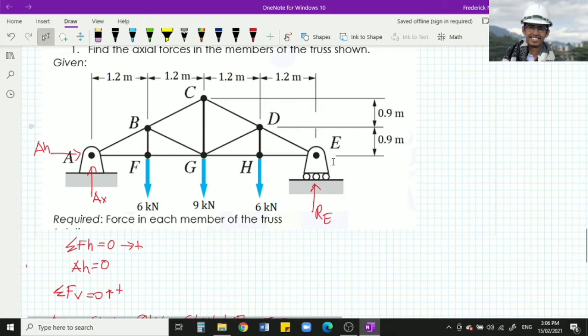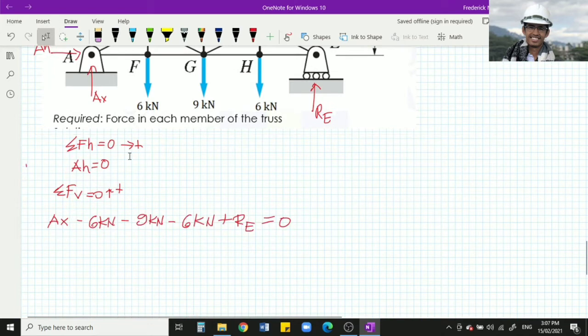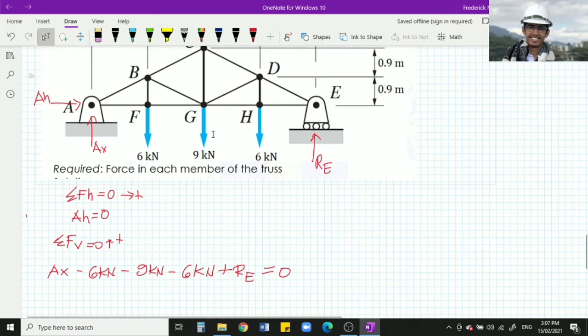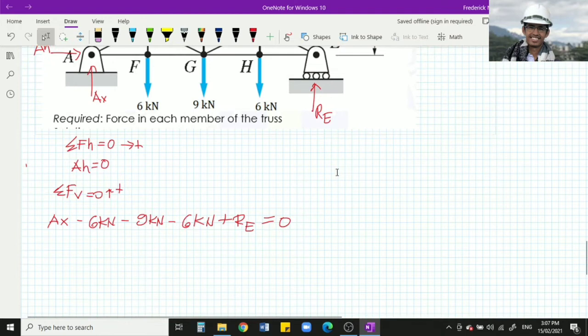Pag nag-moment naman tayo sa E, makukuha natin yung reaction at A, yung A vertical natin. Okay? So, let us compute using summation of moment. So, mag-summation of moment at A tayo para makuha natin yung reaction at E. Okay? So, that will be summation of moment at A is equal to 0.